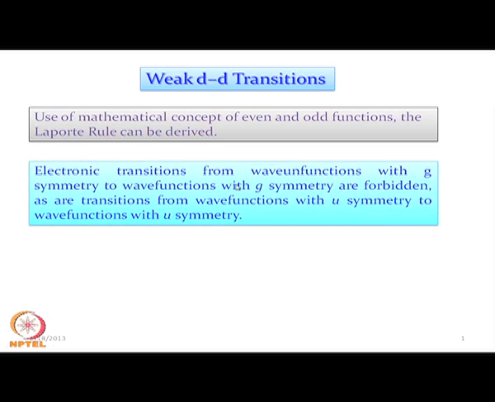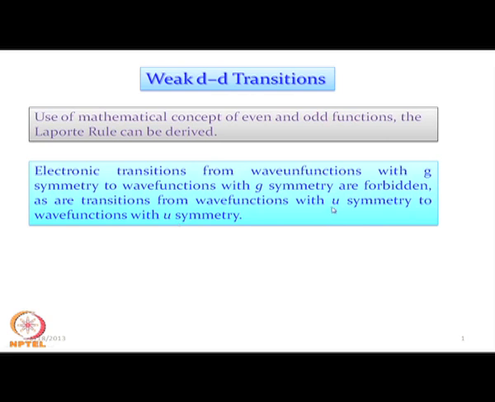So, electronic transitions from wave functions with G symmetry to wave functions with another G symmetry, that means G means the even symmetry, are forbidden. So, this is the symmetry controlled thing, that means when the even symmetry orbital is allowed for transitions to another symmetry related orbital is forbidden, as are the transitions from wave functions with uneven symmetry, that means the U symmetry, to wave functions with again U symmetry.